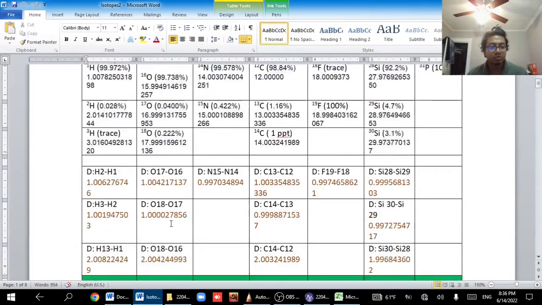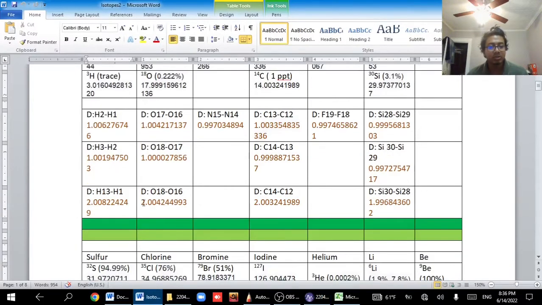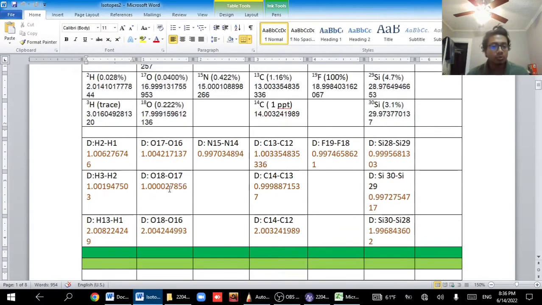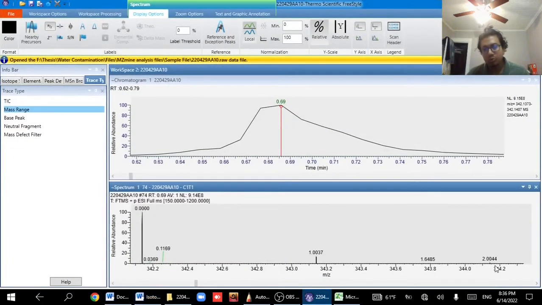So at 2.004, you can see that this is oxygen 18, the oxygen isotope 18, and 2.0042, and you can consider that the fourth digit could go up and down. So this value is similar to our value 2.004.